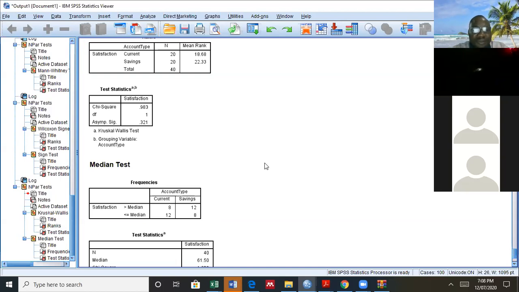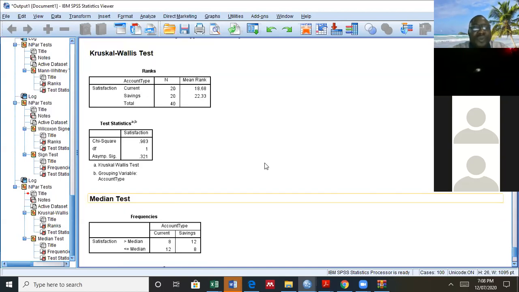The median. You will see chi-square. You see the chi-square? Yes, sir. And you also see the p-value there.